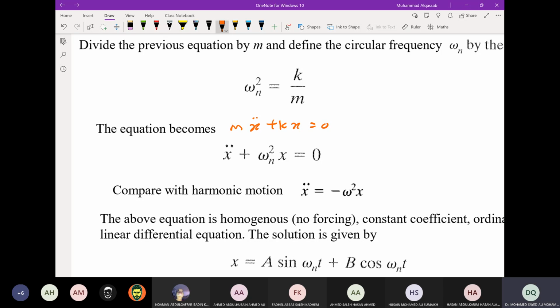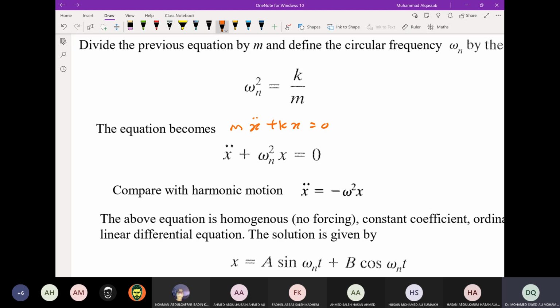Here m and k are constants. Also, omega n squared is a constant, so as you can see, it is not a function of time. Omega n squared is k over m, so omega n is also constant. This equation has constant coefficients. m and k are constant.